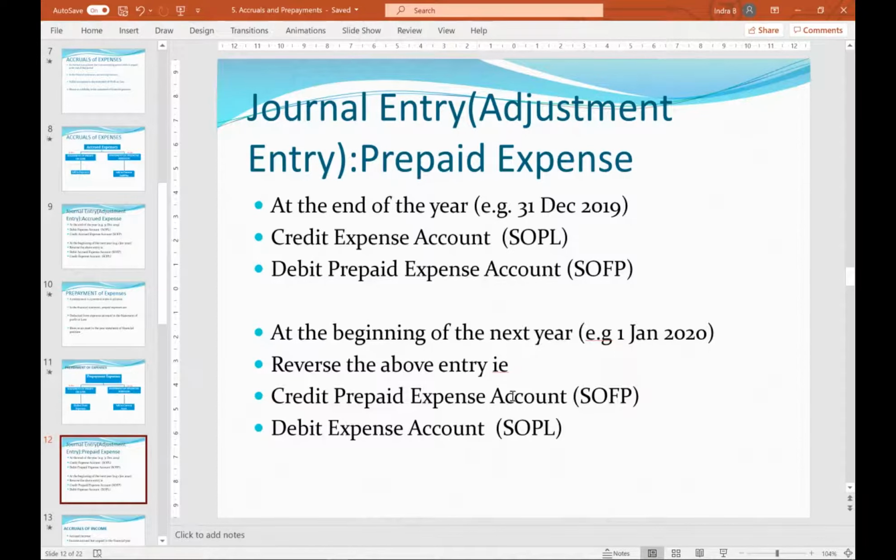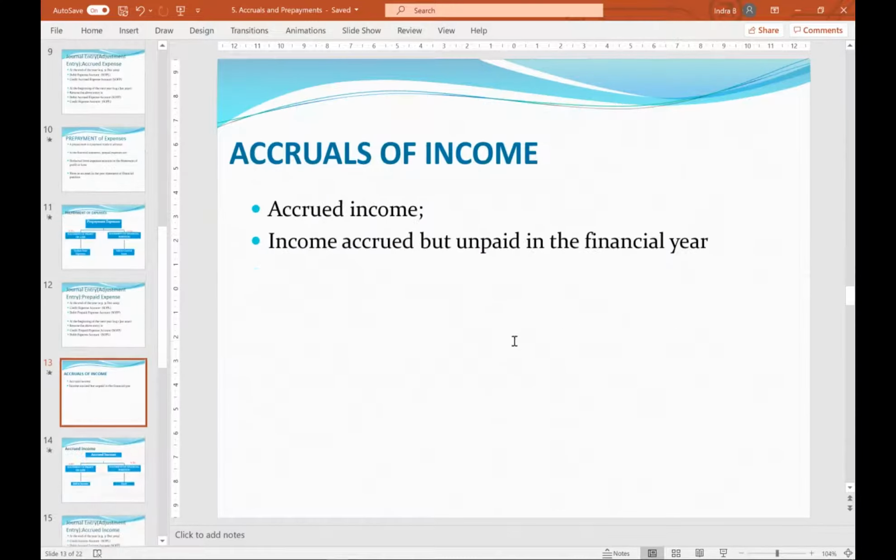It's just the reversal. In computerized software, some software do automatic reversal because it is necessary.